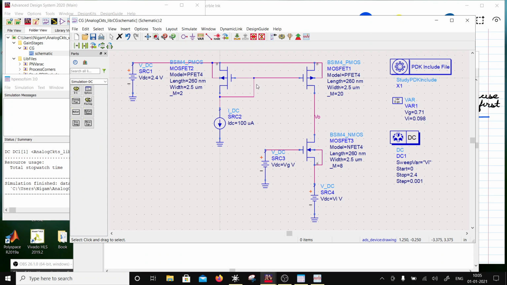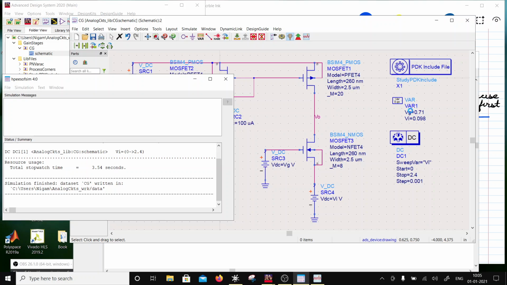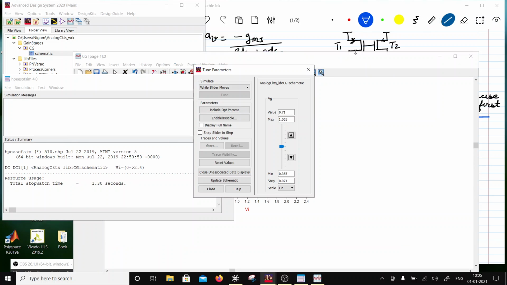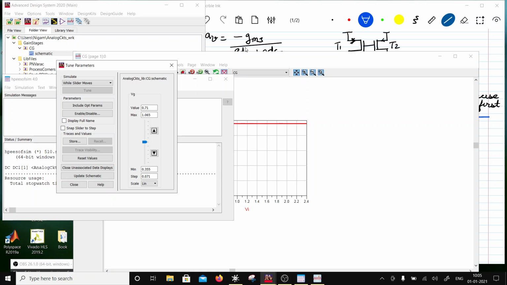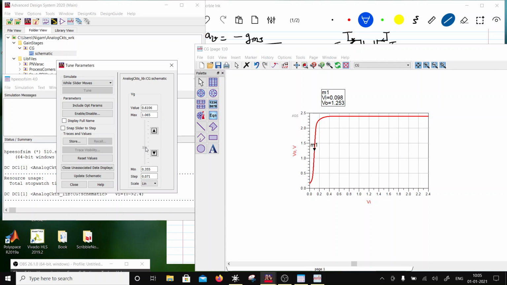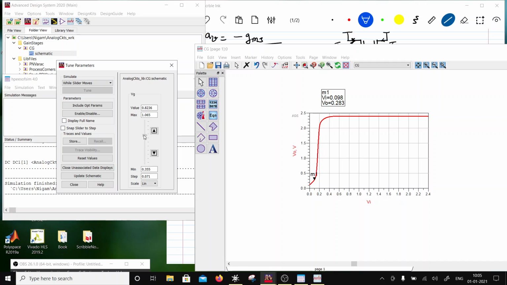So for example, let's put a tune on this VG, and this is my output. So you will see that if I change VG, I can basically move the point to the right. So let's go up to 1.3 maybe.